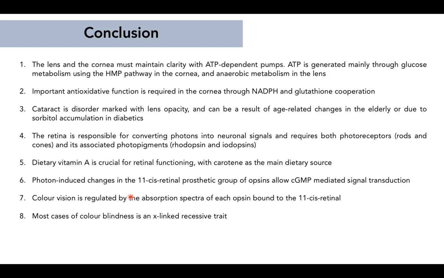We now also know that color vision is regulated by the absorption spectra of each opsin, determined by the amino acid sequences of the opsins, and all these opsins are still bound to 11-cis retinal. The final thing we discussed is that most cases of color blindness are an X-linked recessive trait and are most commonly found in males.